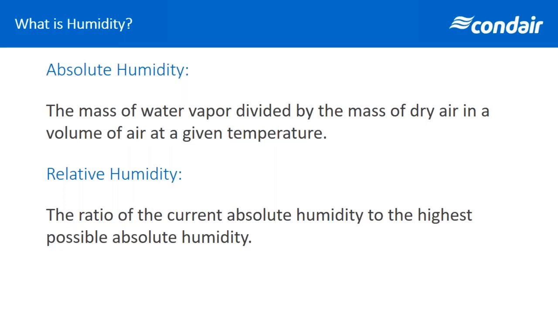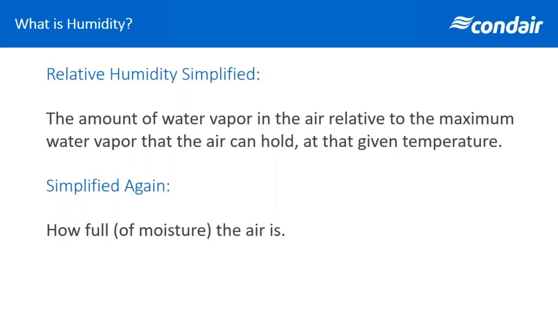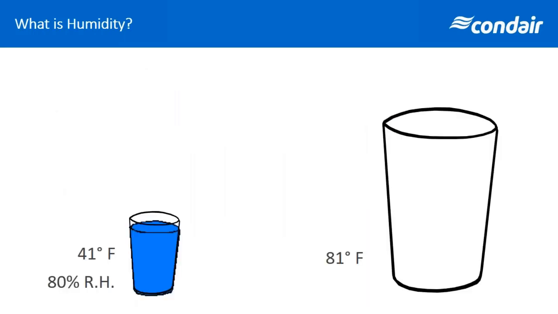So as air increases and decreases in temperature, it can hold more or less moisture, and that relative humidity can be expressed as a percentage. So if we want to simplify that even further, it is the amount of water vapor in the air relative to the maximum water vapor that the air can hold at that given temperature, and then simplify it again for absolute basics, it is how full of moisture the air is in a percentage.